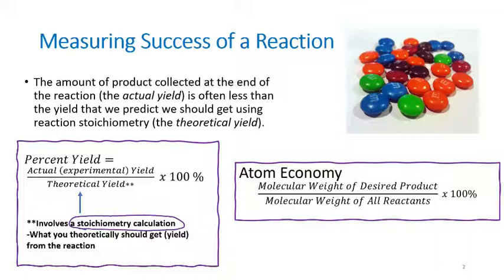So atom economy is a more recently developed concept. It's actually one of the 12 principles of green chemistry. This umbrella of green chemistry has been around for a while, but the first book concerning green chemistry was developed in about 1998 or so. And there are 12 main principles of this concept.